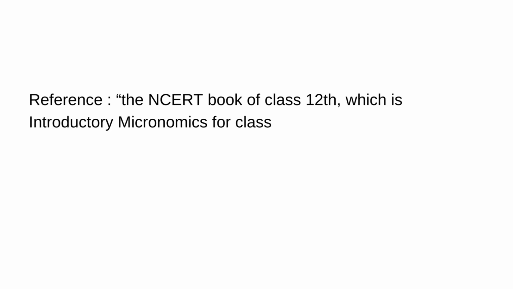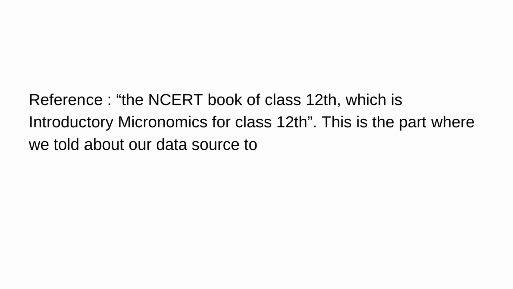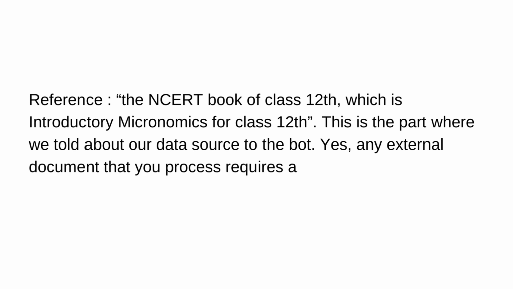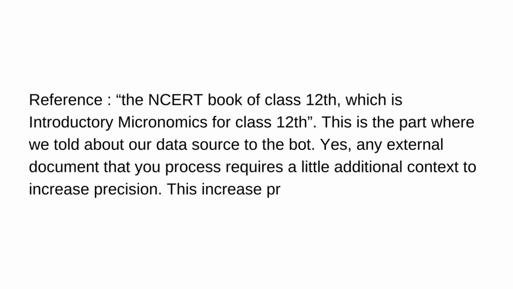Then we added some references: the NCERT book of class 12, which is Introductory Microeconomics. This is the part where we told our AI about the data source, how it behaves and what it is about. Any external document that you process requires a little additional context to increase precision.